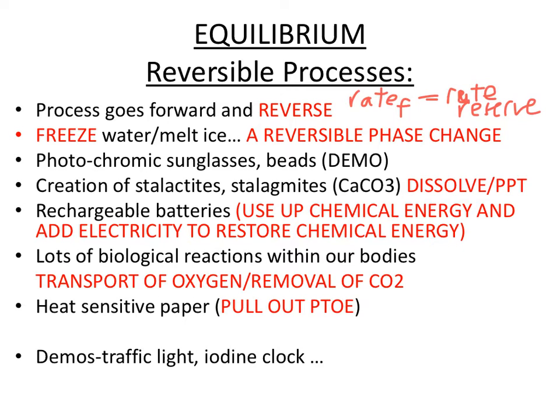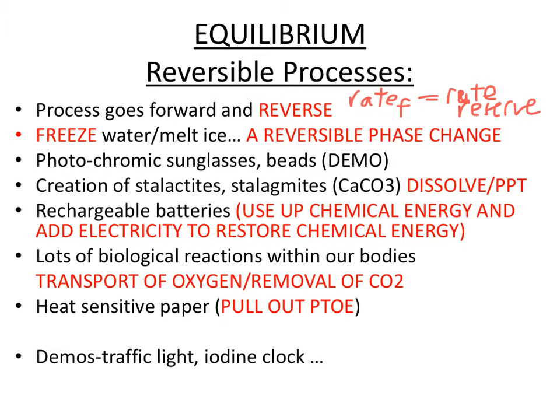Rechargeable batteries are another example of reversible processes, in this case an electrochemical system. You use up chemical energy and then you replenish it using electricity to restore the chemical energy.